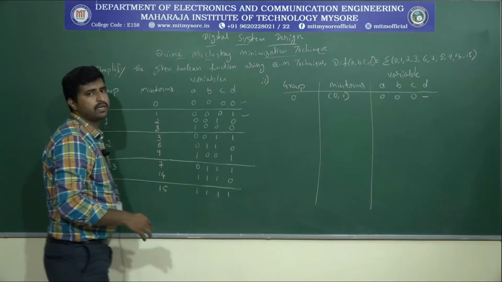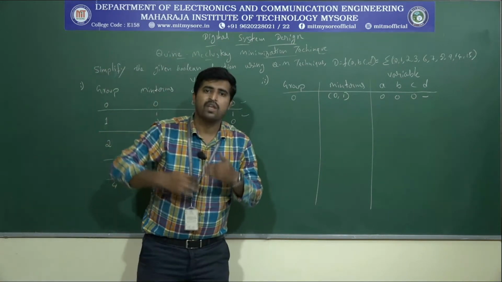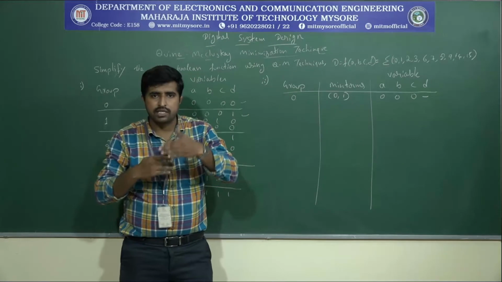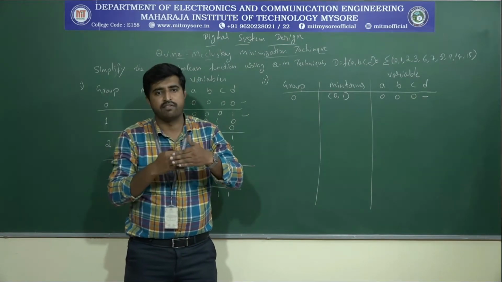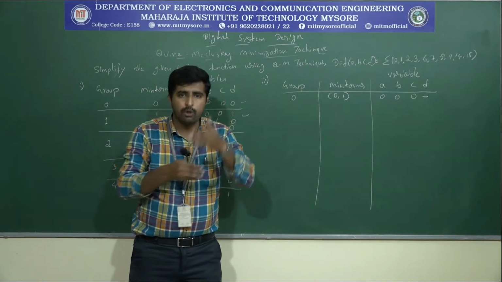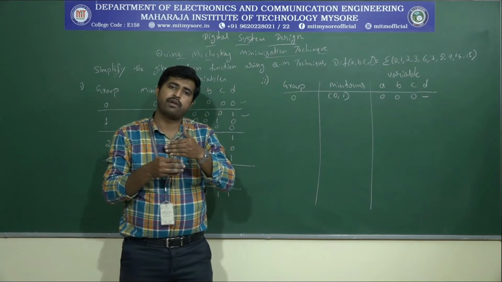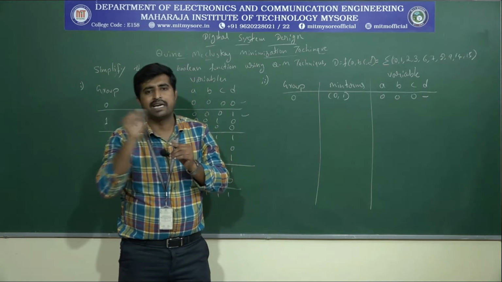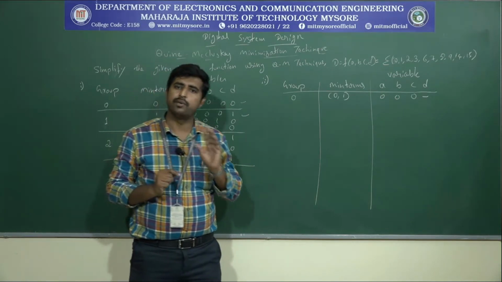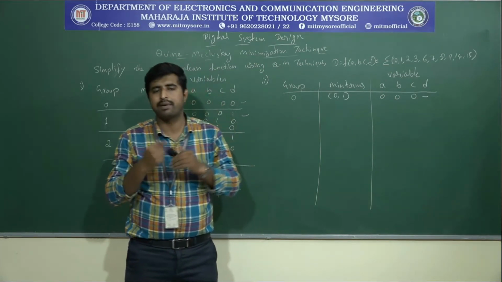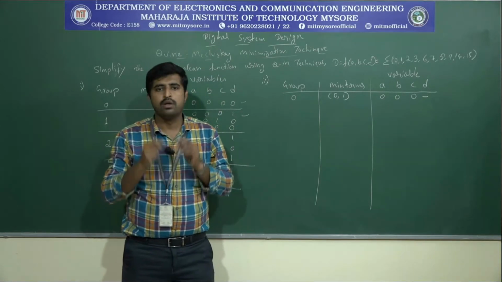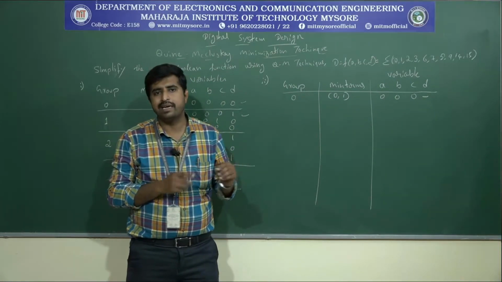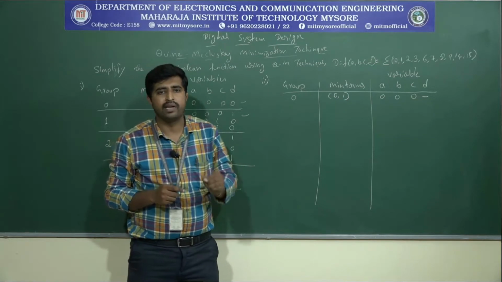Like that we need to compare, to see which variables are the same as each other, having only one difference. If there is one difference, let's group it, and the position where they differ will be represented with a dash. Why do we need to replace that with a dash and why group? Because it removes the redundant literals, redundant variables.